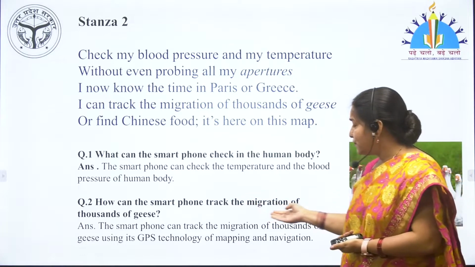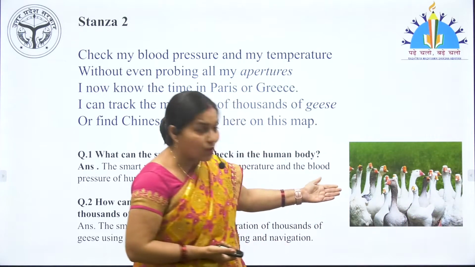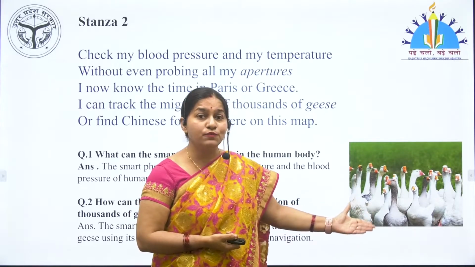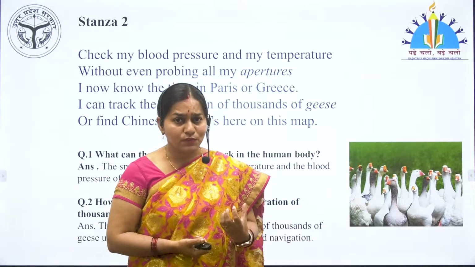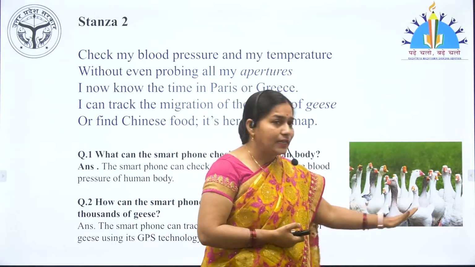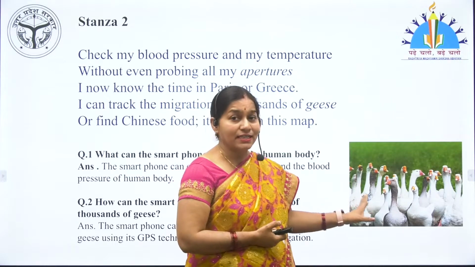How can the smartphone track the migration of thousands of geese? I have brought this picture of a gaggle of geese. Geese is the plural word of the word goose. Goose is the singular form. Geese is the plural form. And the collective noun of geese is called gaggle.